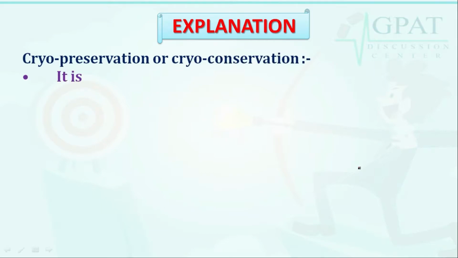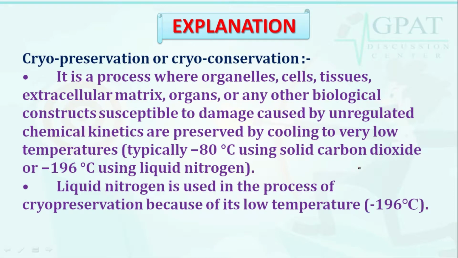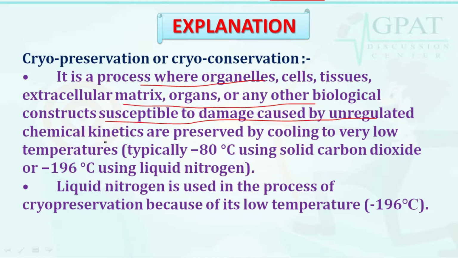So let's discuss with the help of the explanation what cryopreservation is first. It is a process where organelles, cells, tissues, extracellular matrix, organs or any other biological constructs susceptible to damage caused by unregulated chemical kinetics are preserved by cooling to very low temperature, typically minus 80 degrees Celsius using solid carbon dioxide, or minus 196 degrees Celsius using liquid nitrogen.